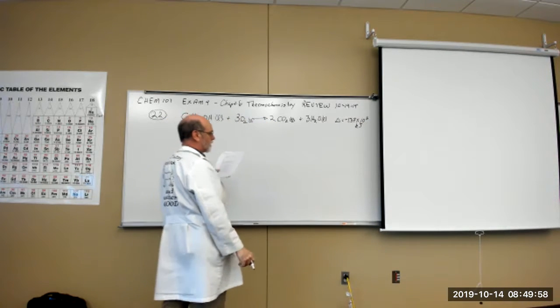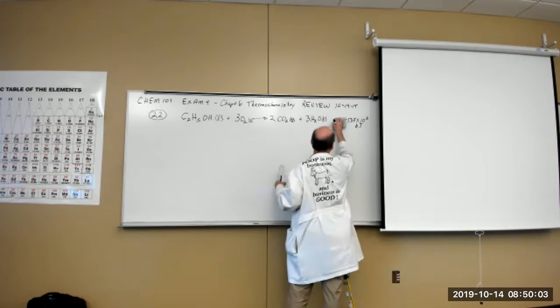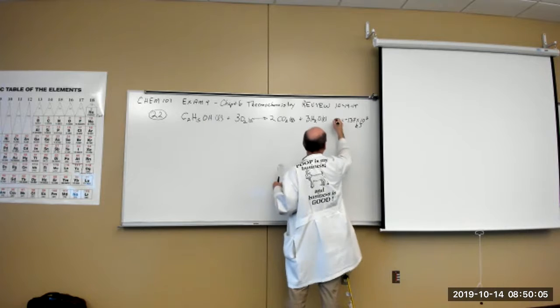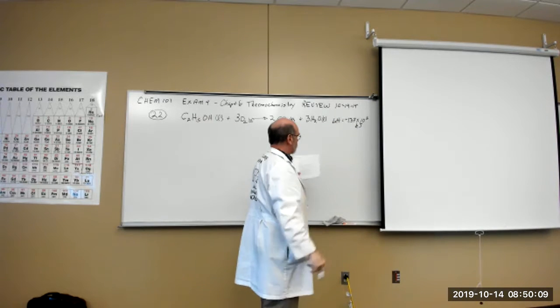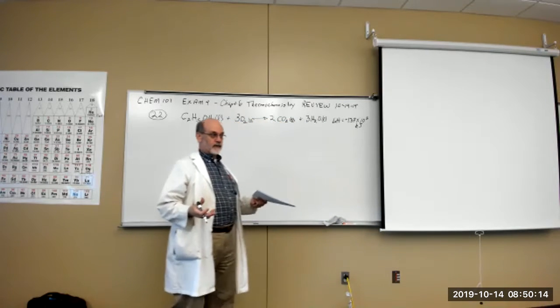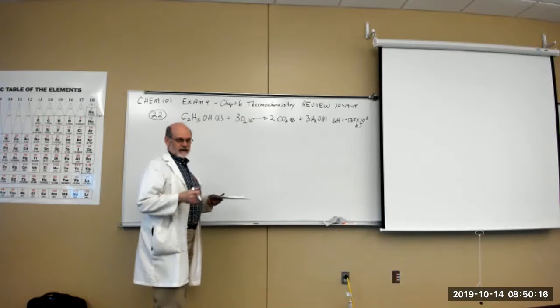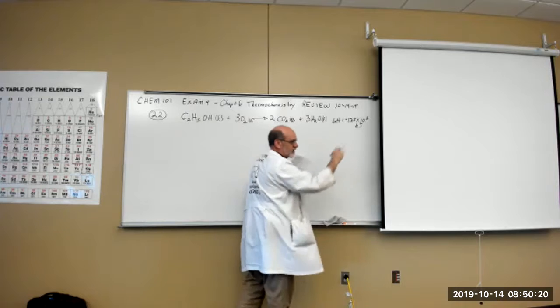Okay. So what do we know? Let's be consistent. So the enthalpy of this reaction is negative, which means it's exothermic. Right? Energy is leaving. Here's our system. Energy is leaving the system.